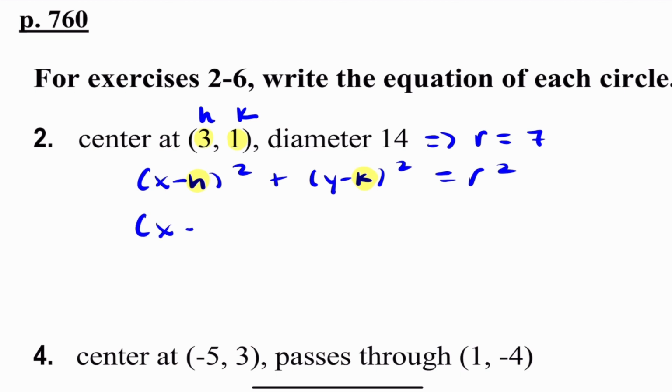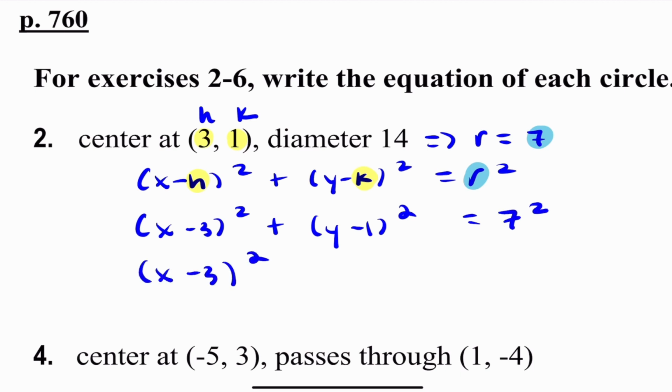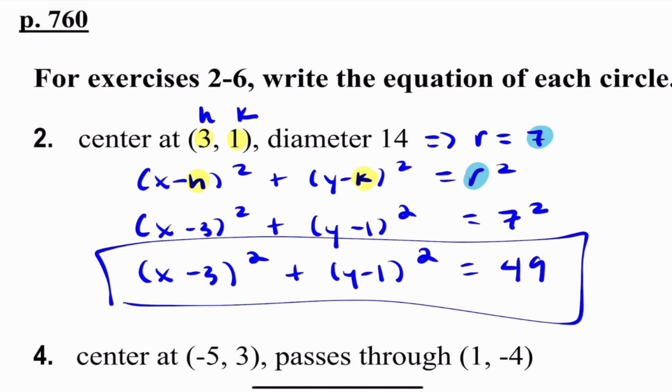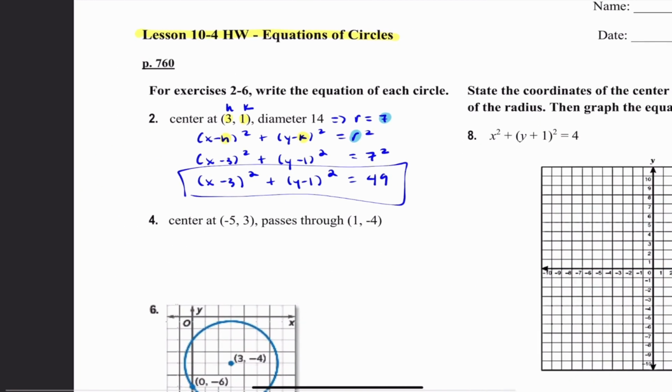So I have (x minus 3) quantity squared plus (y minus 1) quantity squared equals 7 squared. So I'm going to simplify this equation, and this should be your answer. (x minus 3) quantity squared plus (y minus 1) quantity squared equals 49.